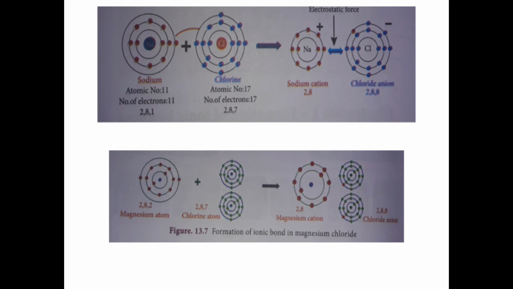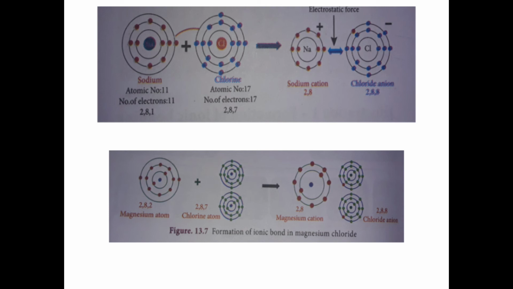Chlorine has atomic number 17. How is it arranged in the orbitals? 2, 8 and 7. Am I right? So in sodium there is one excess electron. That is given to the chlorine and they form sodium chloride.